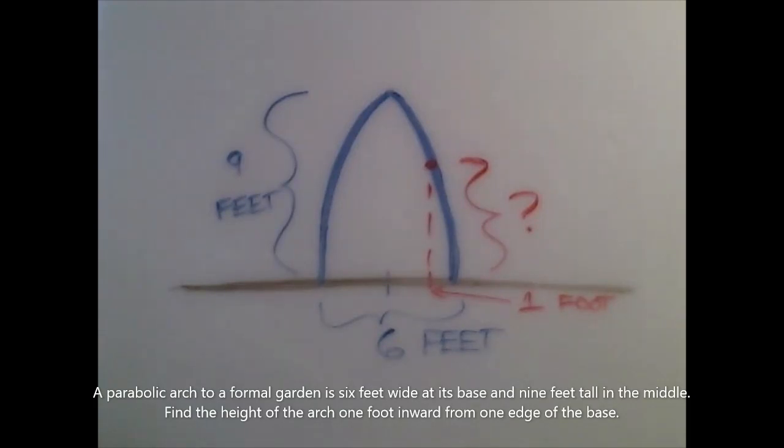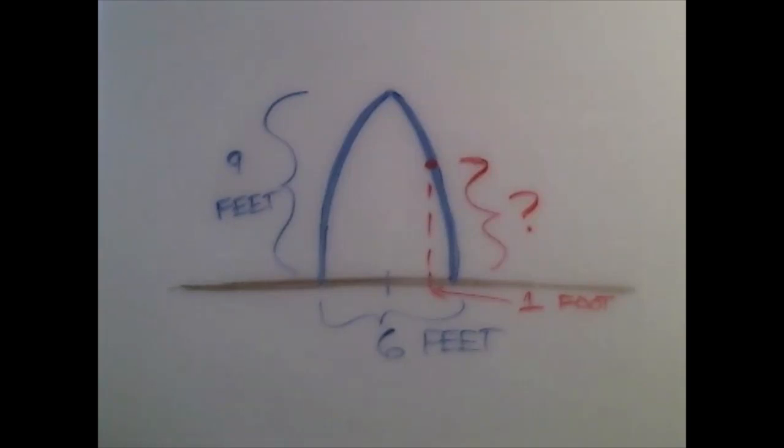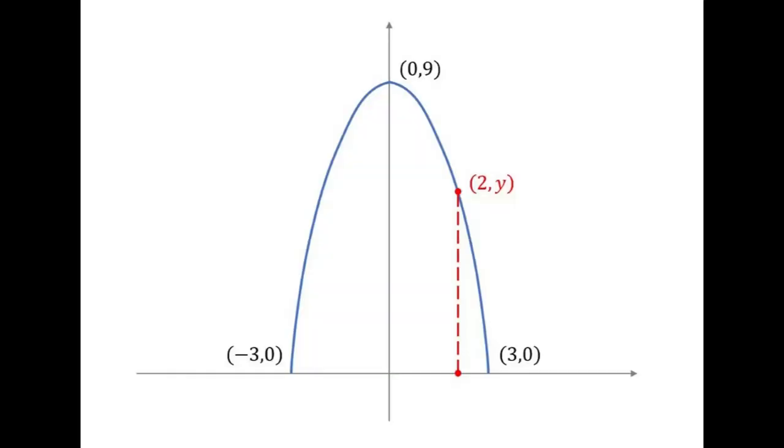As you see from this lovely diagram, I've drawn it 1 foot inward from what would be the right edge. So I'm now going to look at this diagram a little more closely and try to answer the question. Okay, so take a look now at my new diagram and see if you agree with the choices I made about how to label some points of interest.